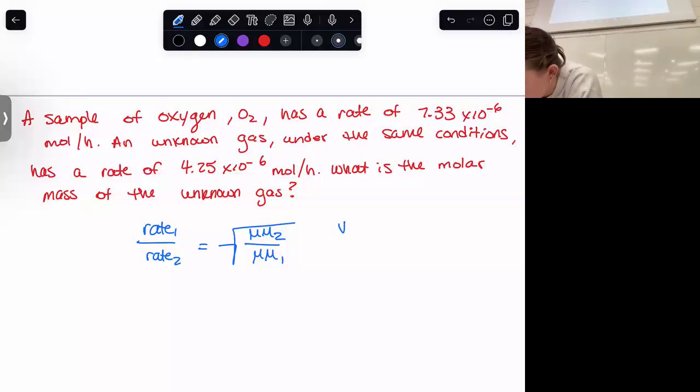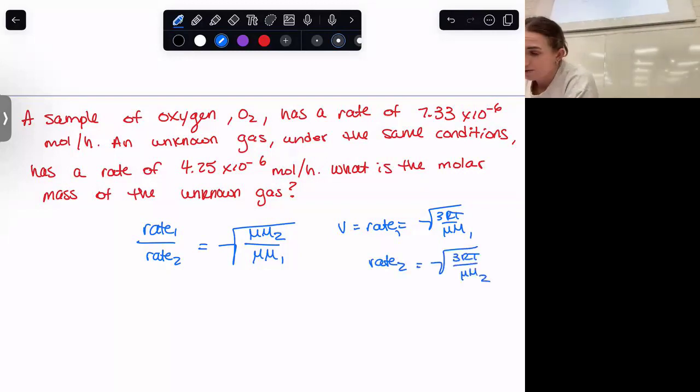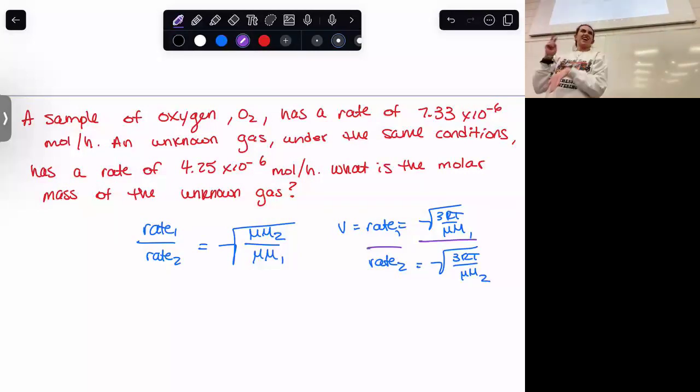Right, we could say that velocity, which is also equal to rate, is the square root of 3RT over molar mass. Then we can call this 1, and then we can have rate 2, which is 3RT over molar mass 2. So if we just divided these, all the common stuff cancels out.